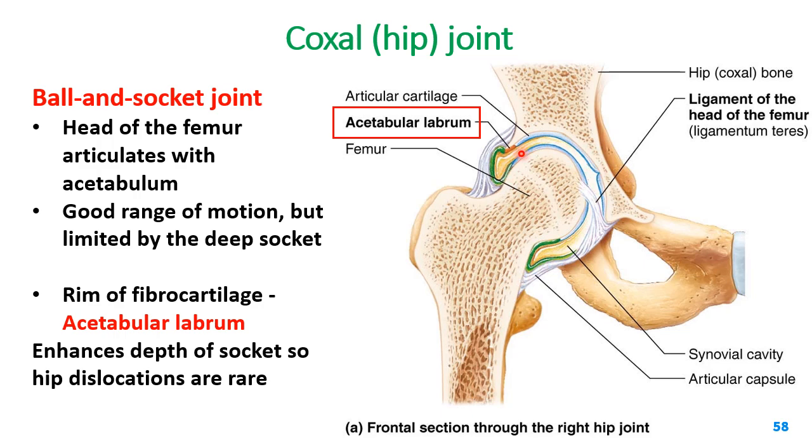That is one factor that limits the amount of movement of that joint. This place here is called the acetabulum. Basically that's the whole thing to know here: it is a ball and socket, with the acetabulum, and it has less range of movement than the pectoral girdle.